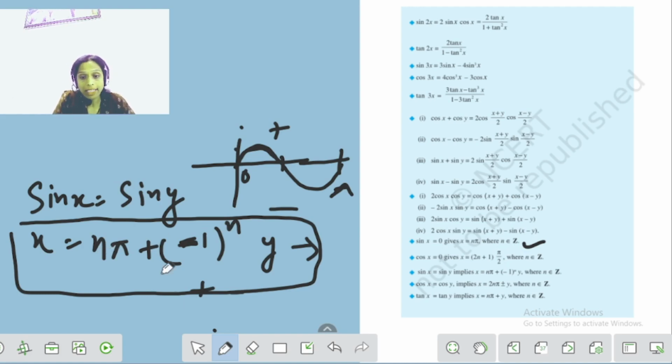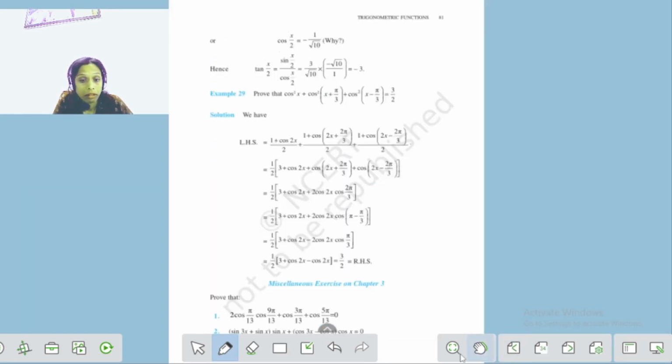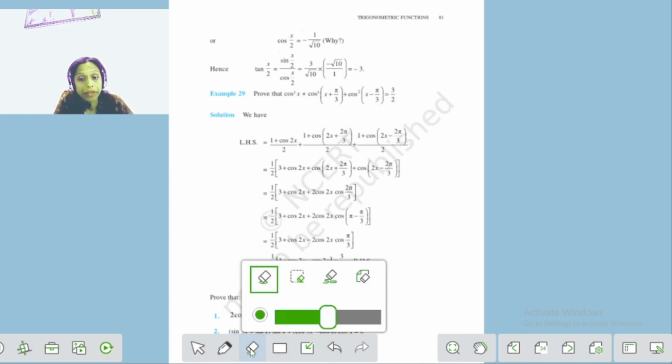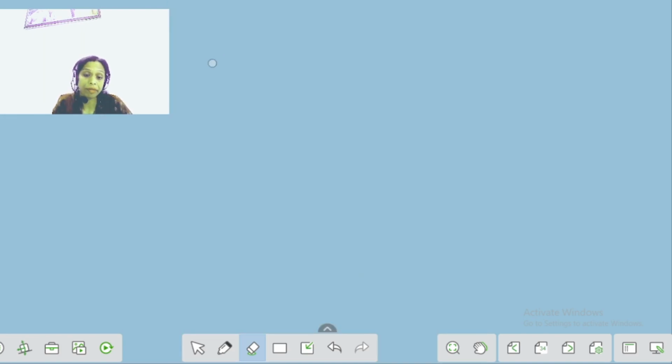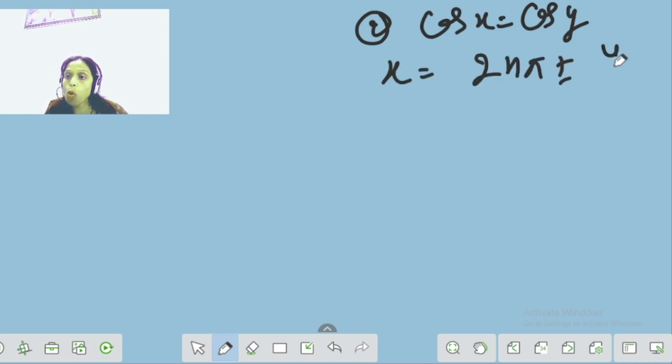Whereas if I am going to deal with cos x, what will you get? If cos x is equal to cos y, then x would be 2n pi plus or minus y.